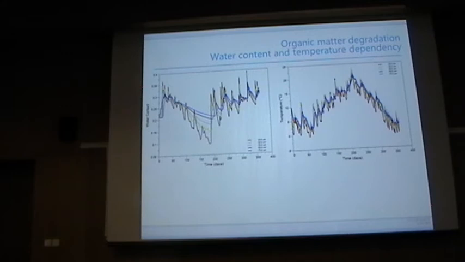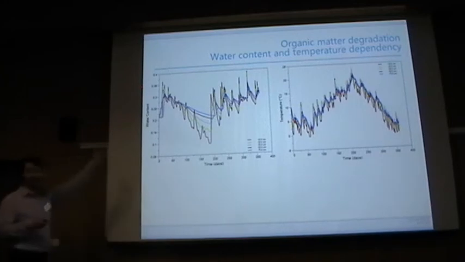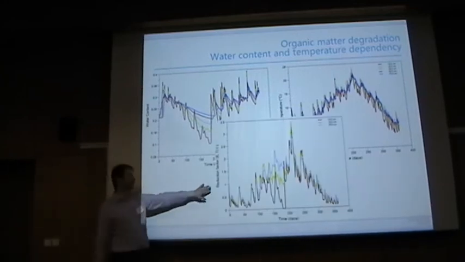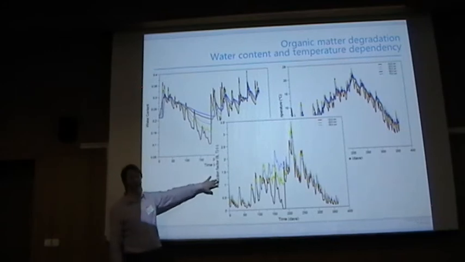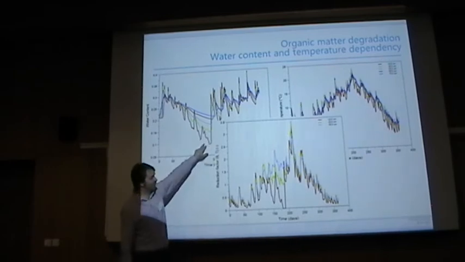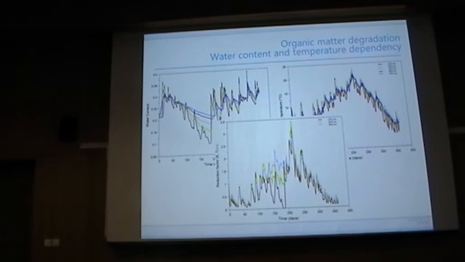Here you see the water content changes as a function of depth and time, the x-axis being time, and also the temperature. These two pieces of information are then used together to calculate the reduction factor or the enhancement factor of the rate coefficients.